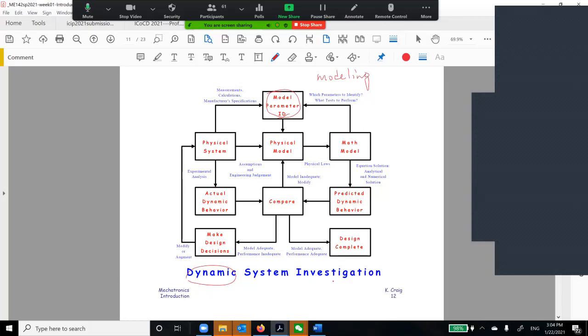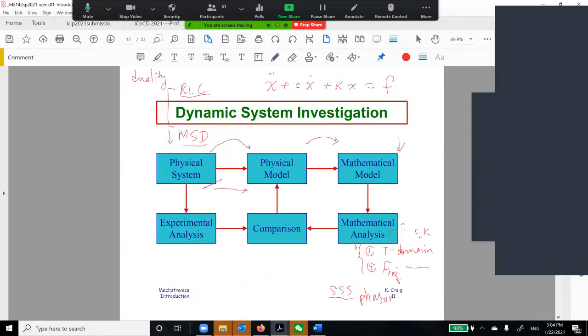Not only do you have a form, what form of model, but also all those coefficients, I call them parameters, involved in there. Let me go back and show you.